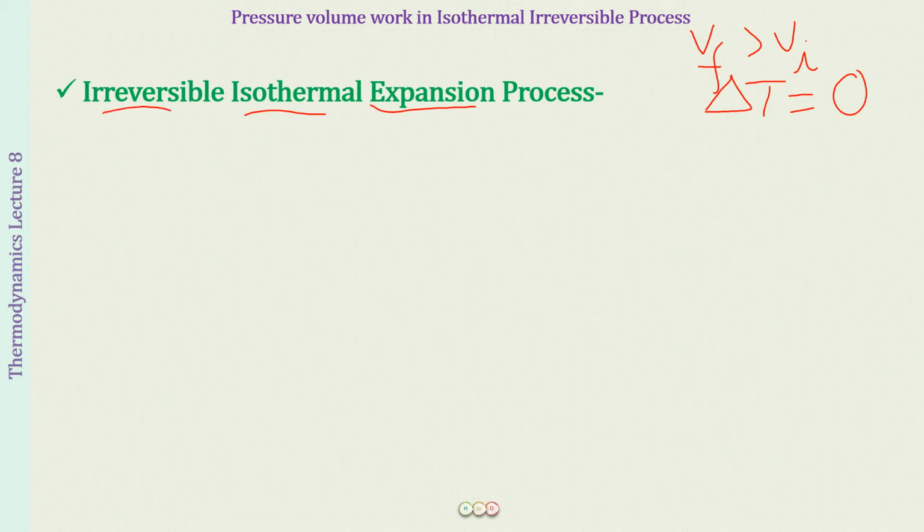And it is an irreversible process, so the process is going to go so fast that we will not be able to stop the process in between. We will not be able at any time to reverse the conditions of the process so that it can proceed backwards towards the initial state.